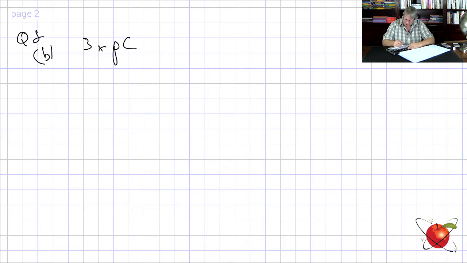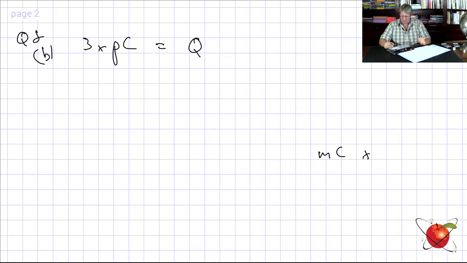So this is the charge that flows, this is Q. Now, what does pico mean? Remember what we did before: millicoulombs is 10 to the minus 3, micro is 10 to the minus 6.